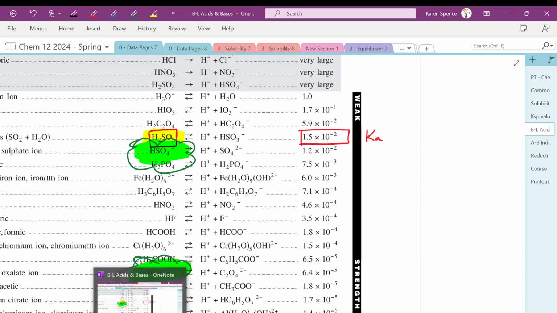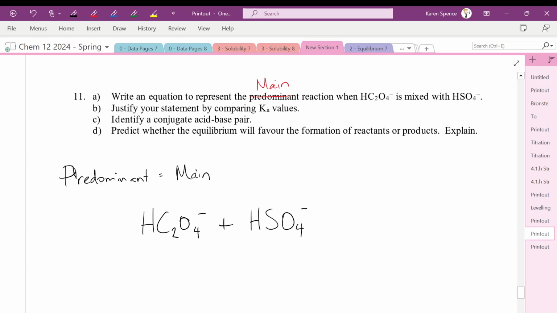So let's go here. This is the stronger, and this is the weaker. And so what that means is that this one will act as the acid, and this one will act as the base, which means now I'm going to cross this out because I don't want to be looking at that anymore.